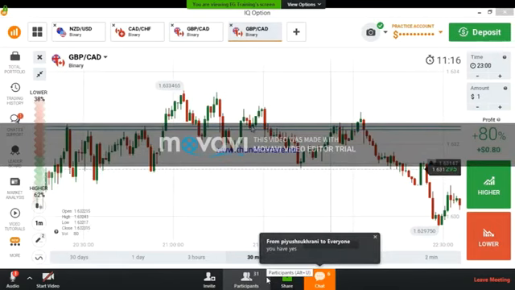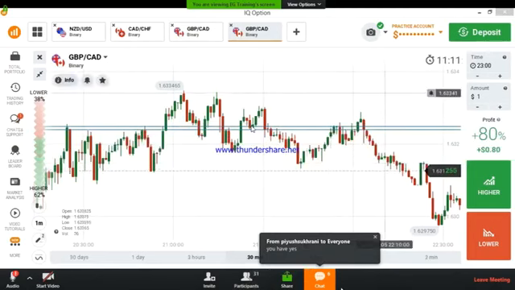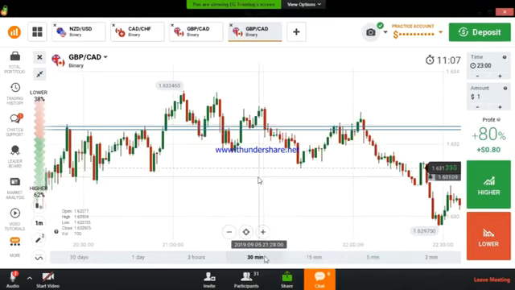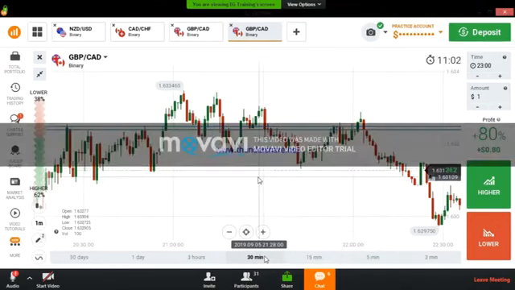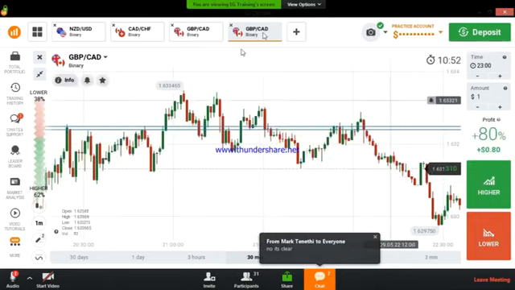Try to draw the strong levels. For the first time we can't draw perfectly, so practice it, and again I will explain the same topic tomorrow, and I will explain how to trade on the strong levels too. You need to see the strong levels every time, because we can trust only the strong levels.